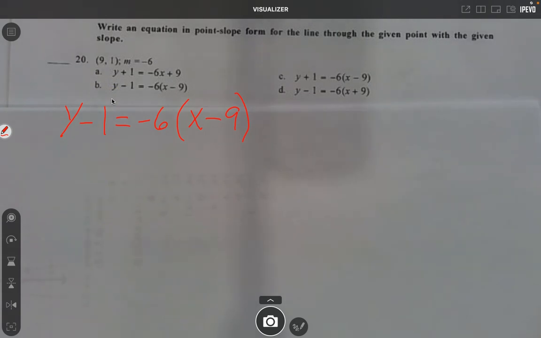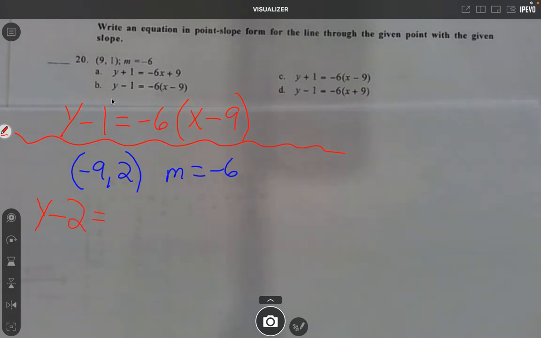Now, let's pretend I'm going to give you a brand new problem, because I don't know what they'll give you. They may or may not give you a negative. This is our point, and I'll go with the same slope. So, brand new problem. All right, don't get confused. I'm making this up. This would be y minus the y value. What's the y value? 2.